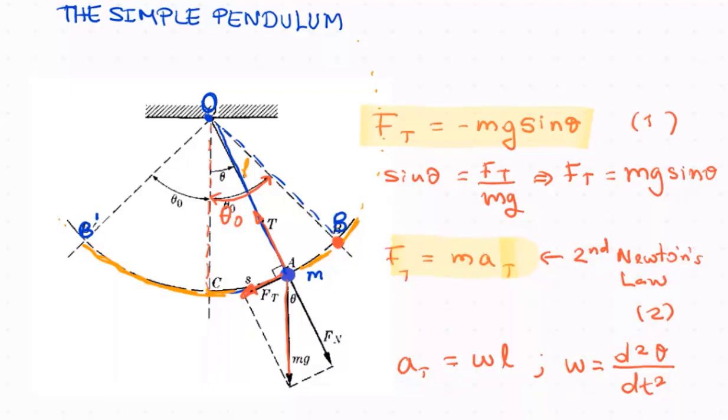Right? This is the second derivative of the angular position with respect to time. Okay, then we can write the tangential acceleration as we know is omega L, but omega is the second derivative of the angular position with respect to time.